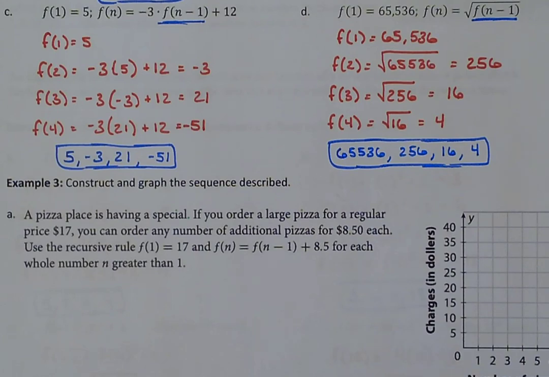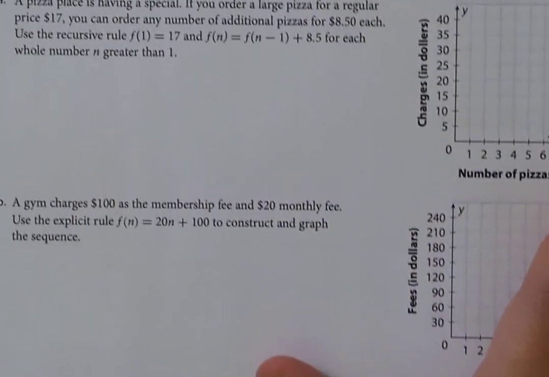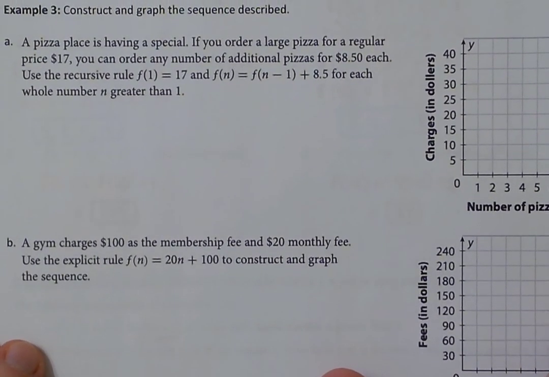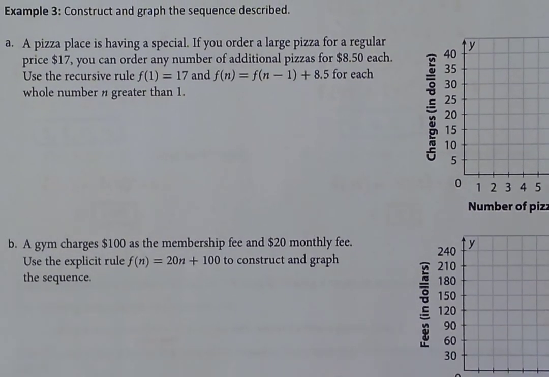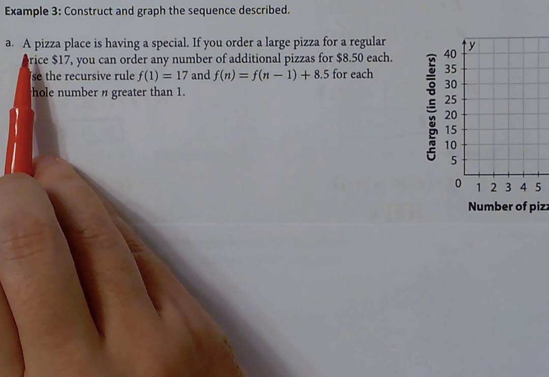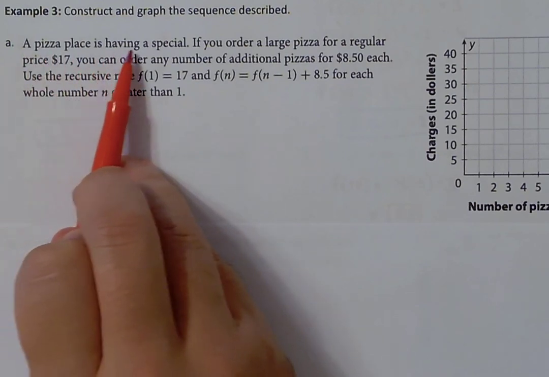All right, example 3 is going to ask us to construct and graph the sequence described. And I'm going to slightly run out of room for this, but it'll work. All right, let's take a look at example 3a. So for example 3a, a pizza place is having a special.